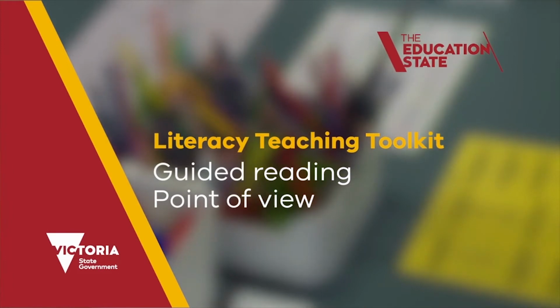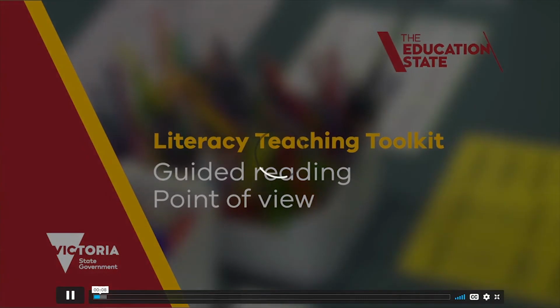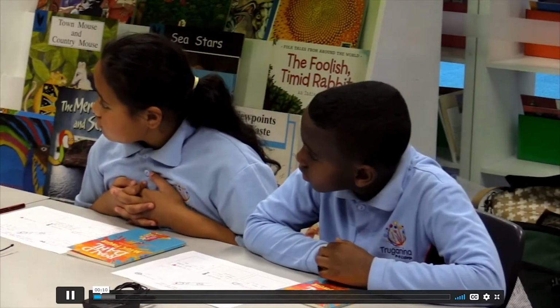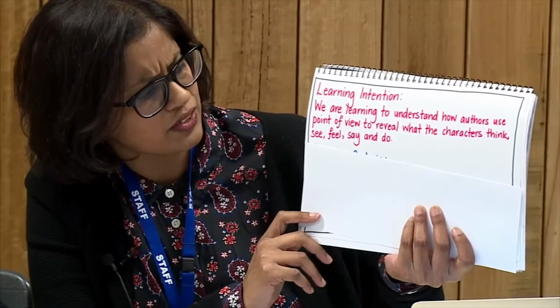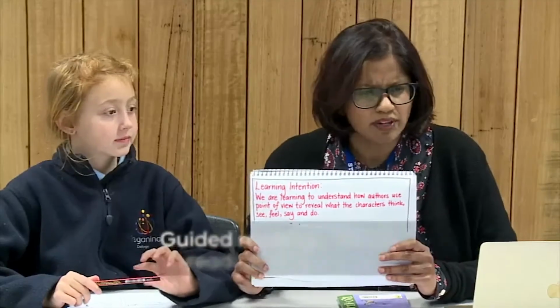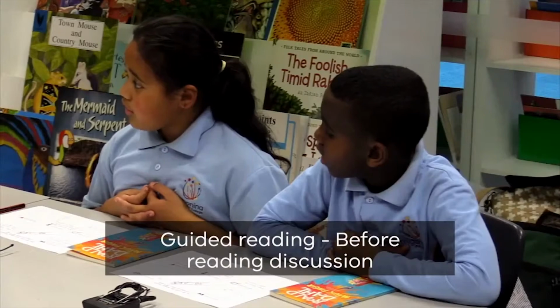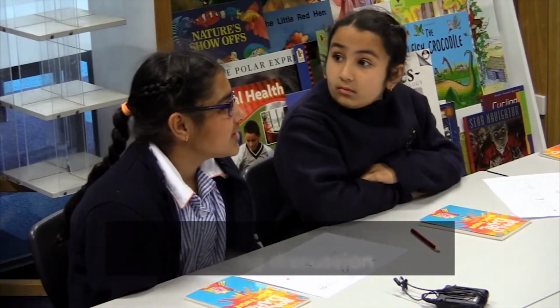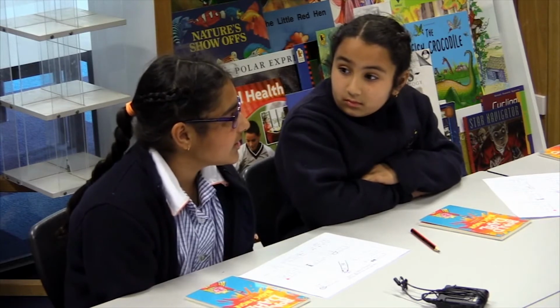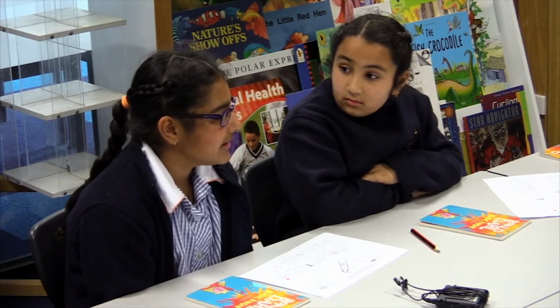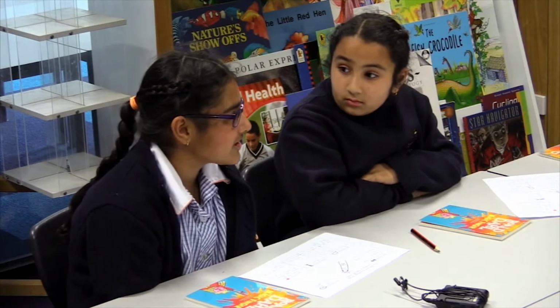So we're learning to understand how authors use point of view to reveal what the characters think, see, feel, say, and do. What is point of view? We've been talking a lot about that. We understand what the character's thinking, because if they didn't include that, we may think the character's happy when it's actually sad.